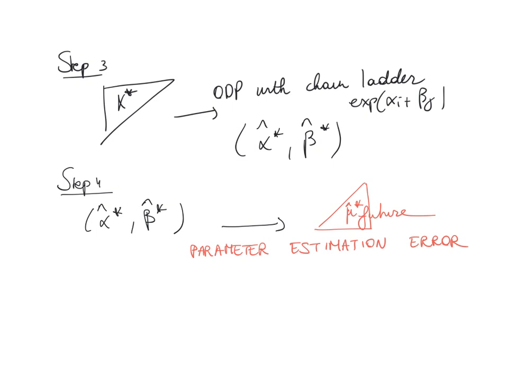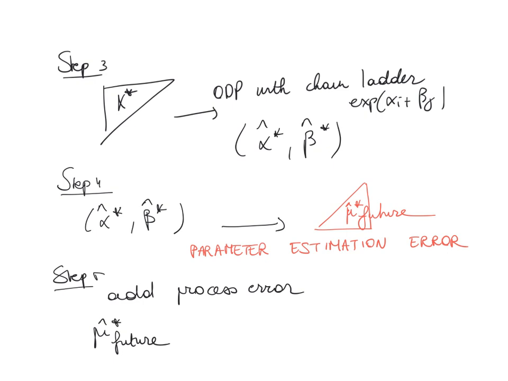Now in the last step, what we're going to do is add so-called process error. And the way we can add process error is by moving from this mu hat star, which is a point estimate for the expected amount corresponding to a cell in the lower triangle, and adding my ODP error.